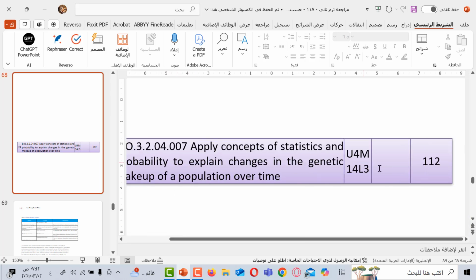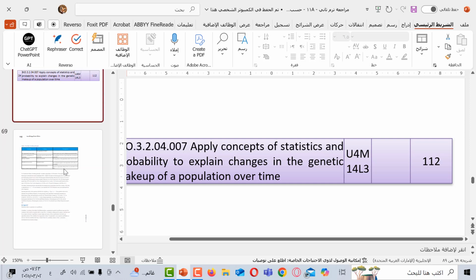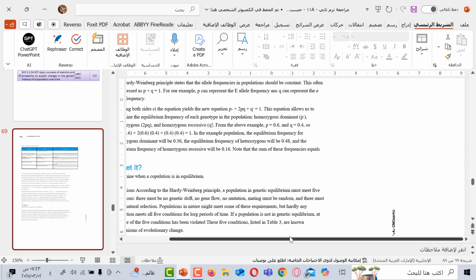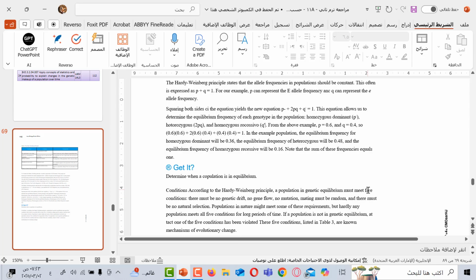Question 24, page number 112. It's about the Hardy-Weinberg principle.